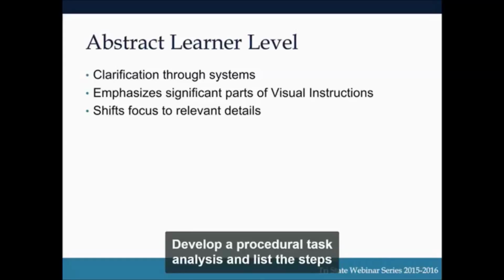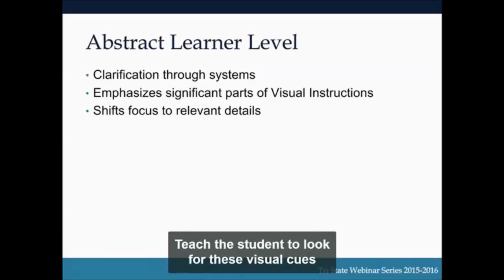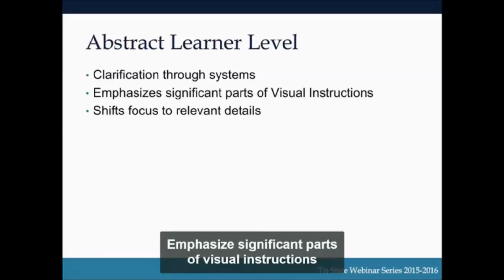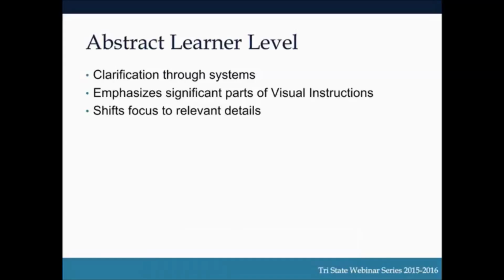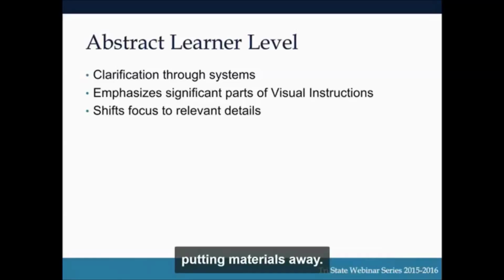Develop a procedural task analysis and list the steps in an outline format for tasks. Teach the student to look for these visual cues embedded within their systems. Emphasize significant parts of visual instructions by providing a picture reference for task components, setting up a workspace, self-correction, or putting materials away.